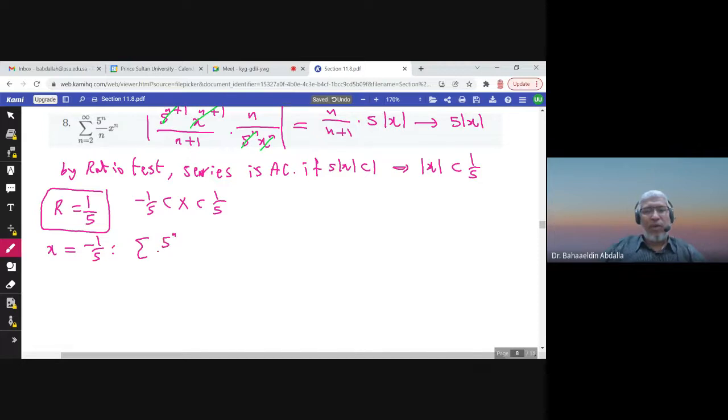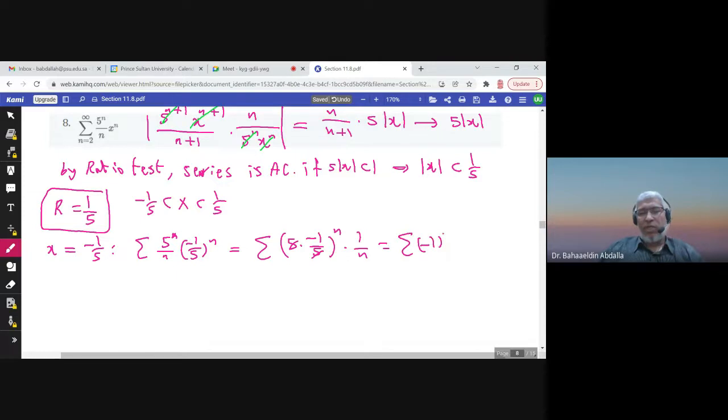So I will have 5 to the power n over n, and I replace x by -1 over 5 to the power n. So I have, in fact, this power n, so I can multiply what is inside, so 5 times -1 over 5 all to the power n times 1 over n. This will give you -1. 5 cancels with 5.